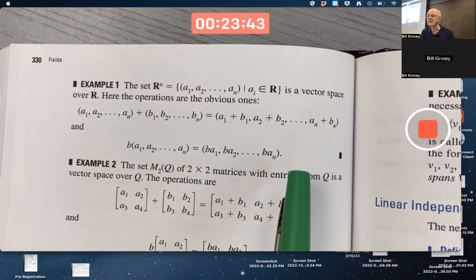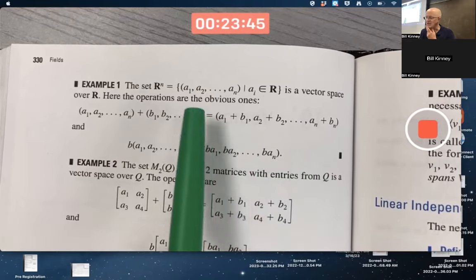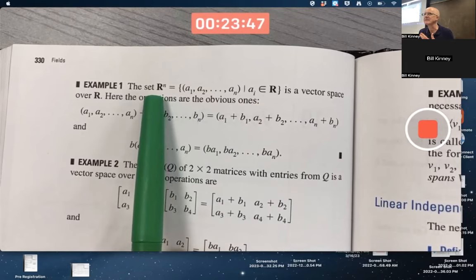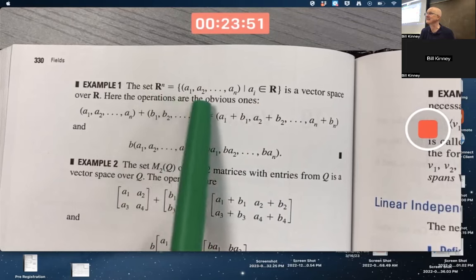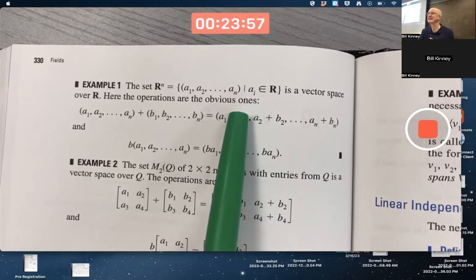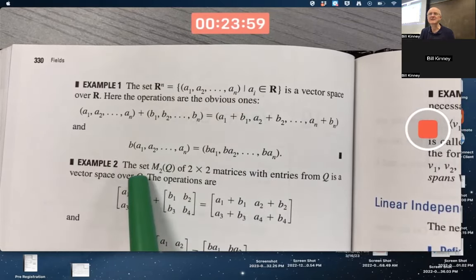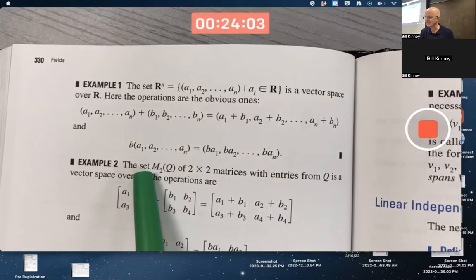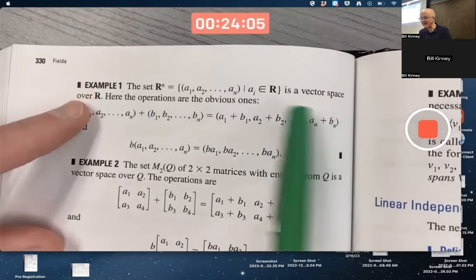You might wonder, though, could I change the R to an arbitrary field F, and consider ordered n-tuples of arbitrary field elements? And is that a vector space? Same operations? Yeah, it's still a vector space. This is a vector space over the reals.